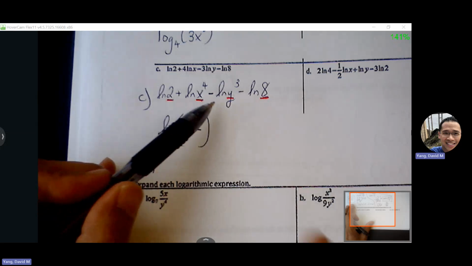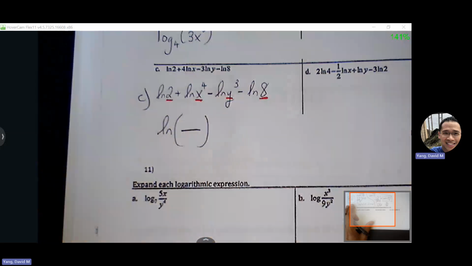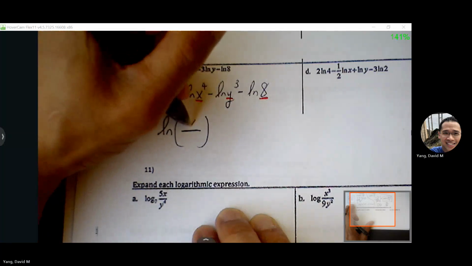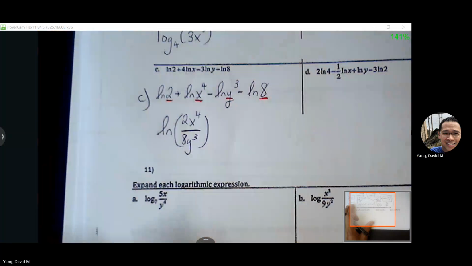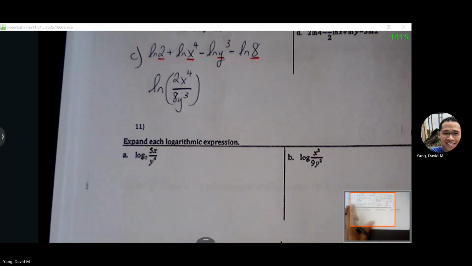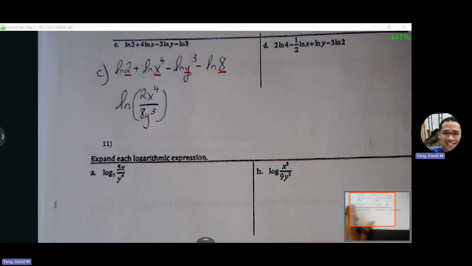The negatives will put your expression in the denominator, and the positive will put it in the numerator. Okay. And we can try that with B and D later.